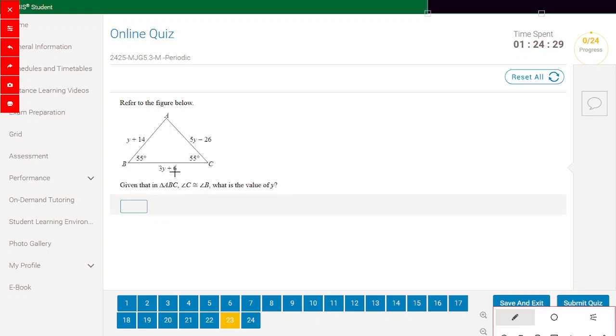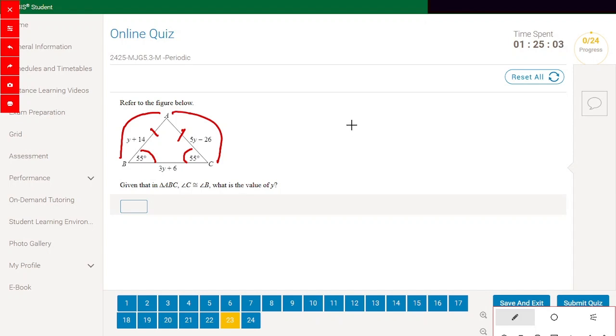Refer to the figure below. Given that in triangle ABC, angle C is congruent to angle B, what is the value of y? Okay, angle C is congruent to angle B, so AC is congruent to AB because it will be isosceles, because it's 55, 55, so this is an isosceles triangle. So AC will be equal to AB.